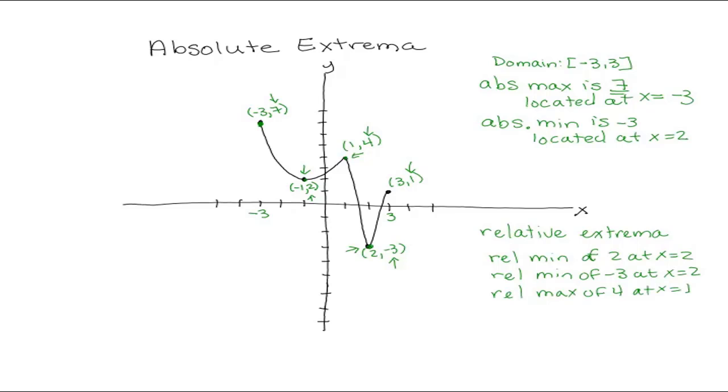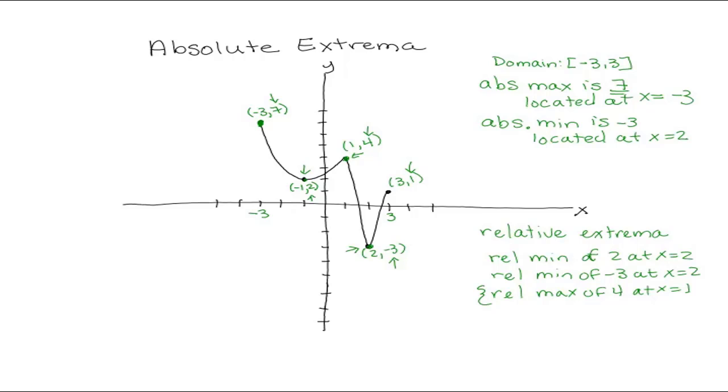So one thing you may notice is that we have more relative extrema than absolute extrema, and that's sometimes the case, it's not always, but they're not necessarily the same points. So here our relative max was 4, but our global max is 7, and that happens because, remember, relative extrema can only happen over the inside of its domain.